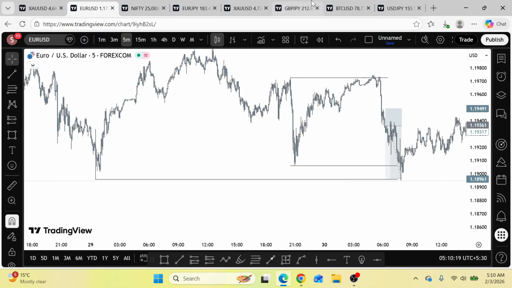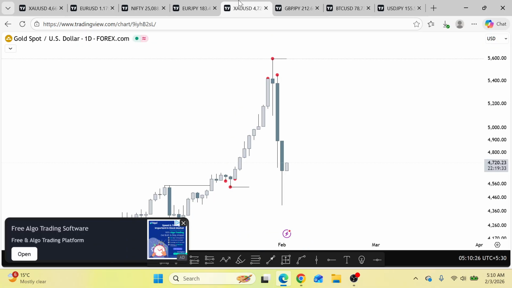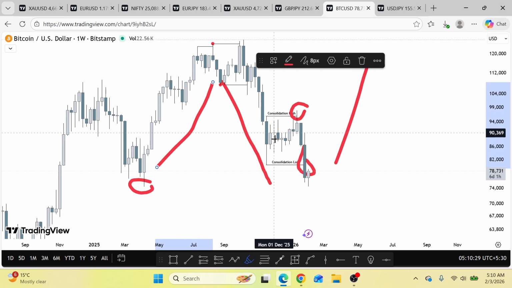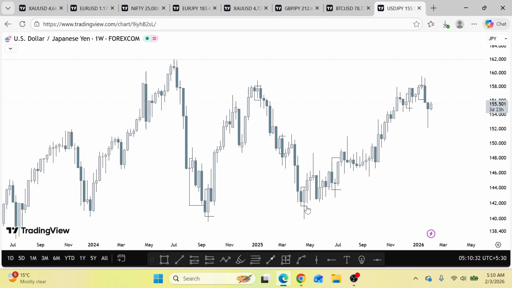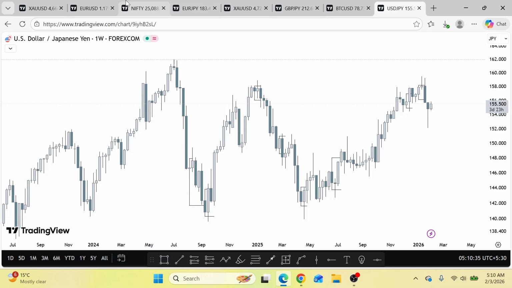So see what I am saying, you just need to see the nearest liquidity available and you have to see the correct one. It's a swing point, fair value gap, consolidation ranges, right, and previous candle highs and lows on the weekly and the daily time frame. So these four are the major liquidity you have to see.